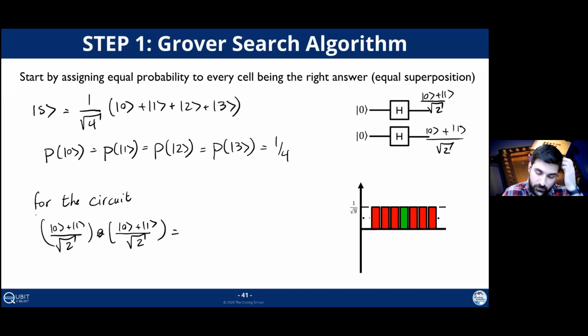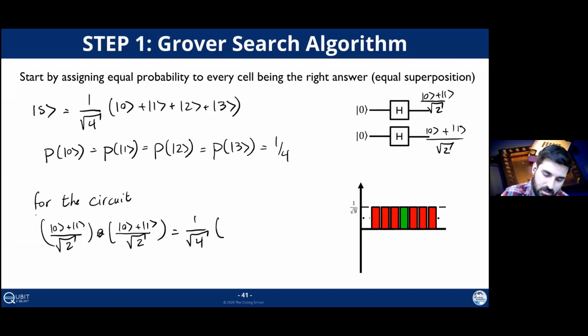And here, of course, the factors of 1/√2 will multiply. So I get 1/√4 out there, which of course is 1/2, but I'm just keeping it that way so I can stay consistent with the form that I have above on the page.